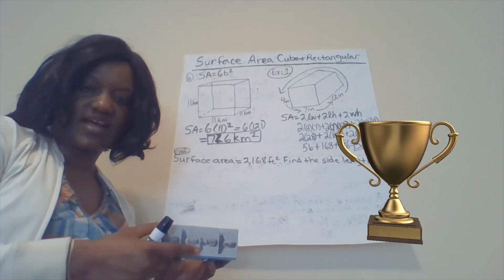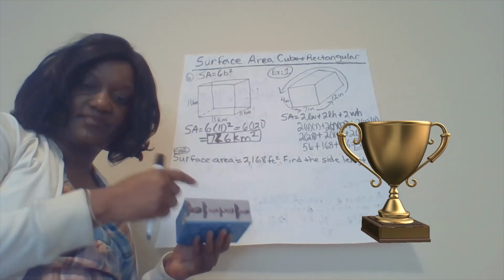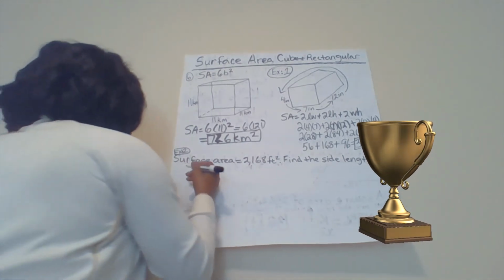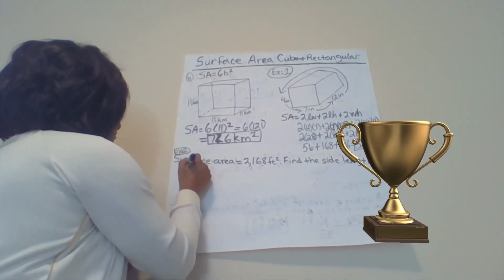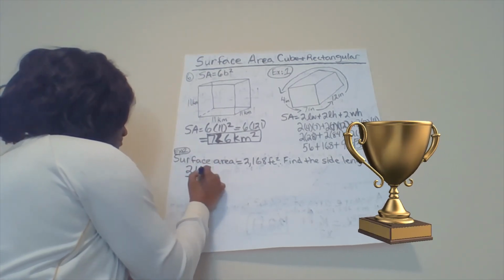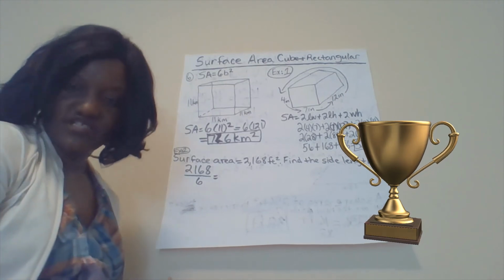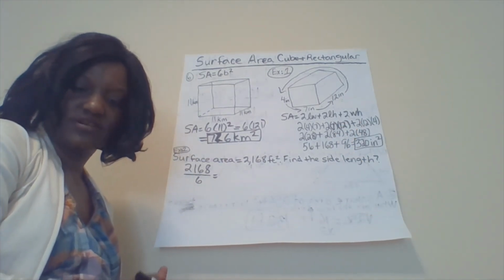So the first thing I would do is divide by 6. And just round it off to the nearest whole number. That's all I'm asking.